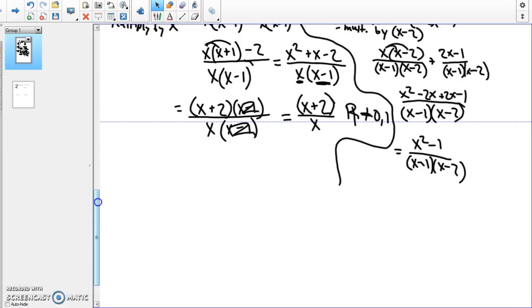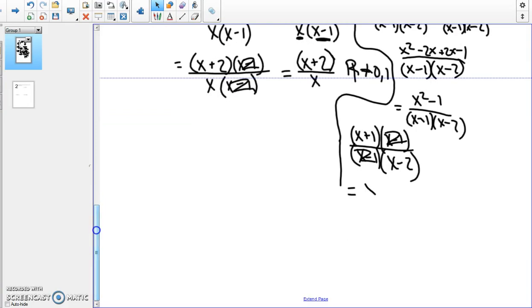On the top, can we factor it? This is a difference of squares. So this becomes x plus 1, x minus 1 over x minus 1, x minus 2. Okay, so when we factor that, now we're going to see that the x minus 1's cancel. See you later, leaving us with x plus 1 over x minus 2.